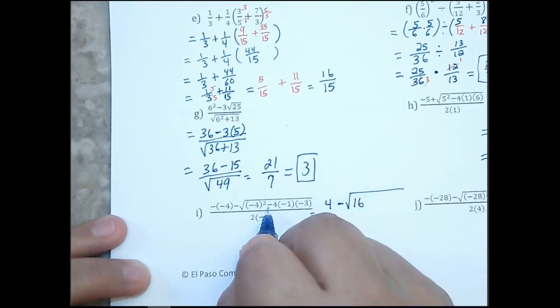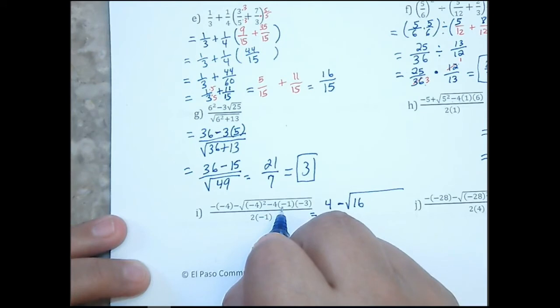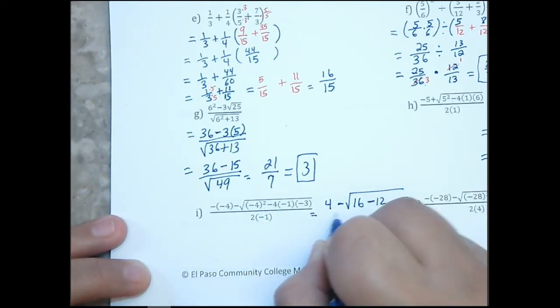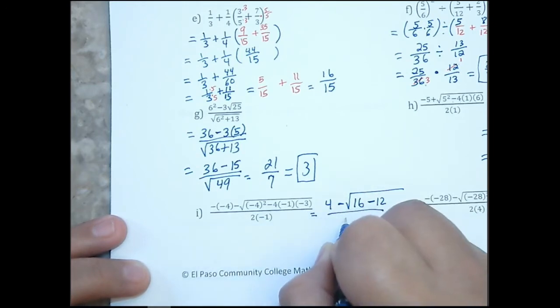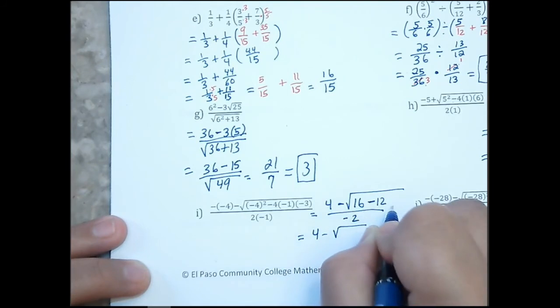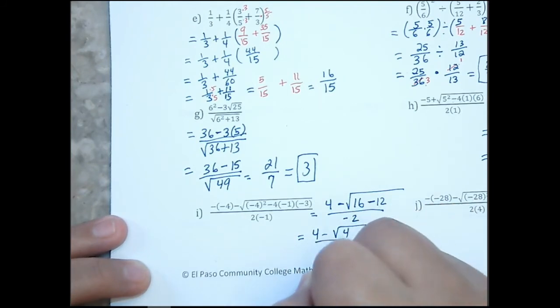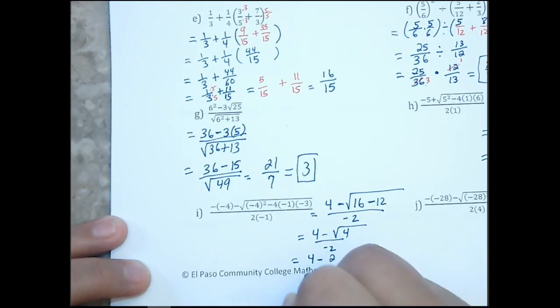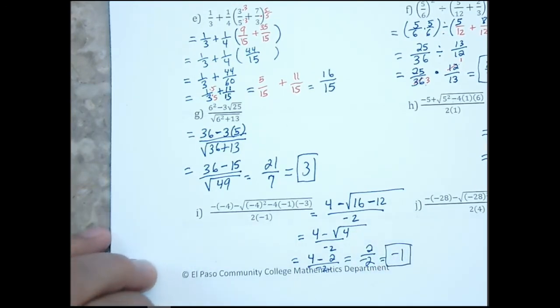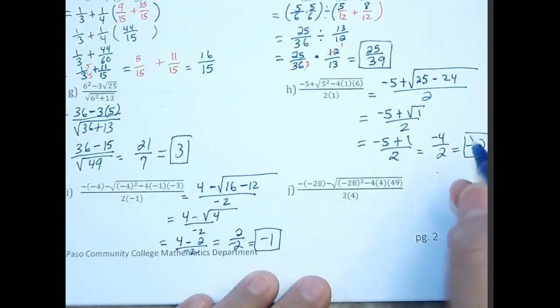And then here we have a negative 4 times a negative 1 is positive 4, times negative 3 is negative 12. 2 times negative 1 is negative 2. 16 minus 12 is 4. And the square root of 4 is 2. So 4 minus 2 is 2, divided by negative 2 gives us negative 1. Okay, let's go with the next one here.